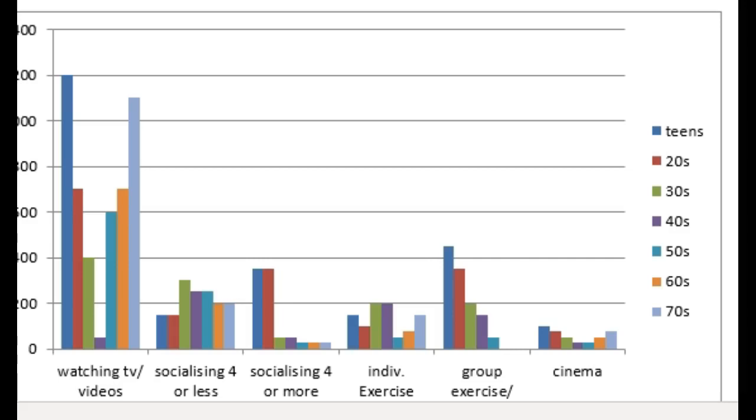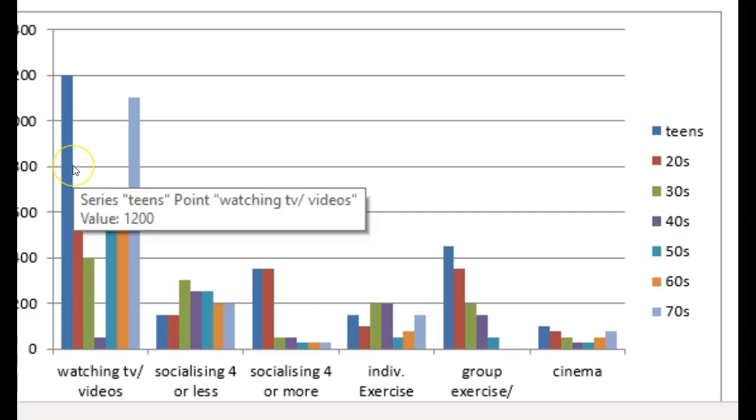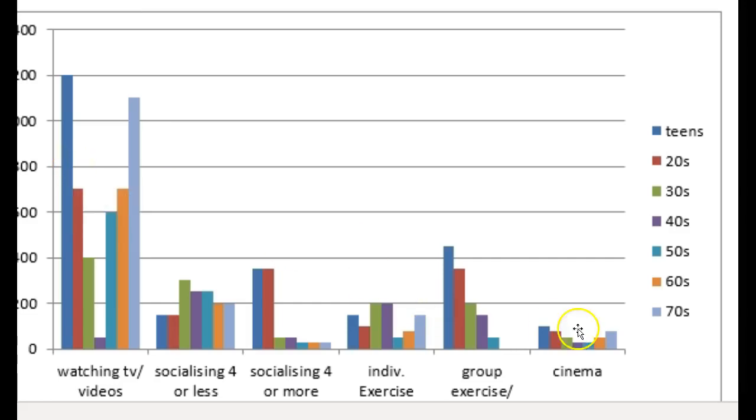So if I were now going to describe this, I would talk about watching TV and videos, and cinema. I would put them together. I would say this was clearly the most popular among all the age groups, with the exception of people in their 40s, whereas cinema was consistently the least popular, with less than 50 for each category.